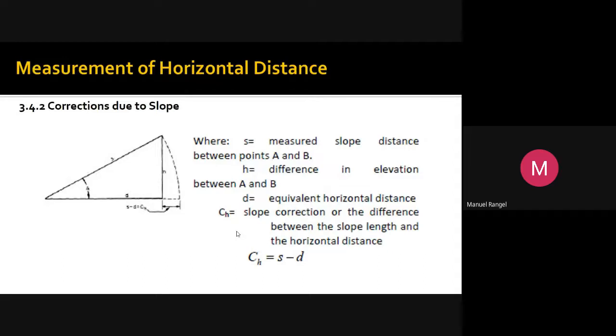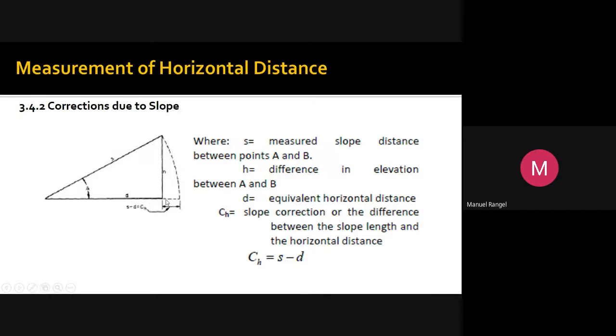Okay, then we have another correction, which is due to slope. When distances are measured along the slope, the equivalent horizontal distance may be determined by applying an approximate slope correction.